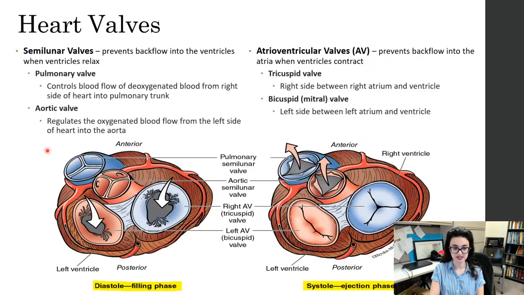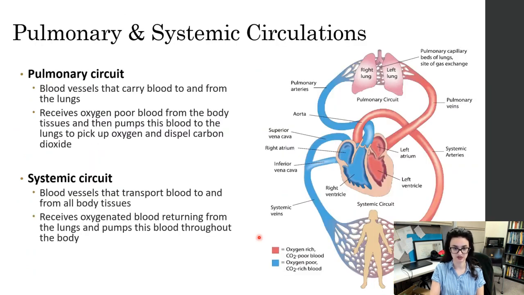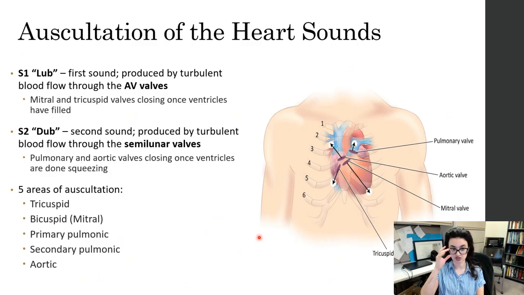Remember, systole, the ejection phase, and diastole, the filling phase, these are lub and dub, essentially, okay? Let's go over which one's which. The first sound, lub, S1, is produced by the turbulent blood flow through the AV valves. So when those mitral and tricuspid atrioventricular valves shut, that's the lub sound.